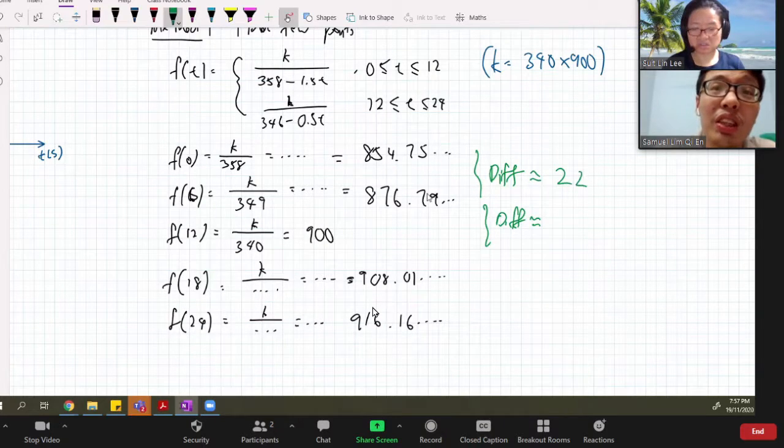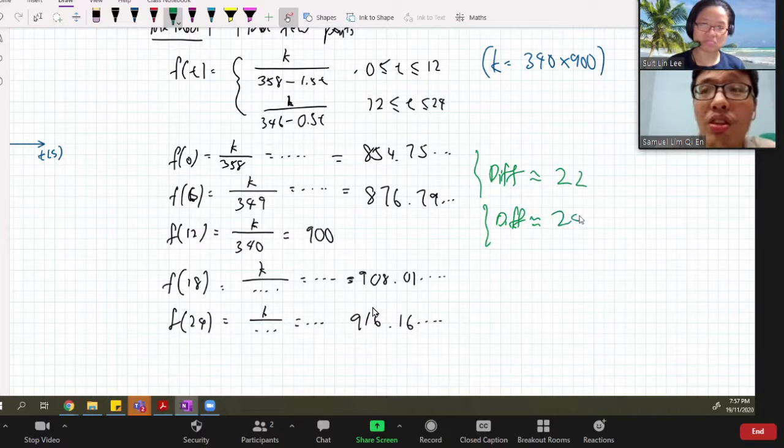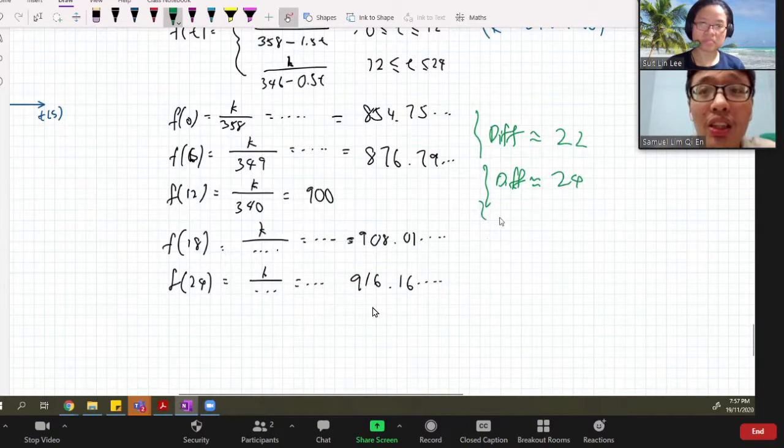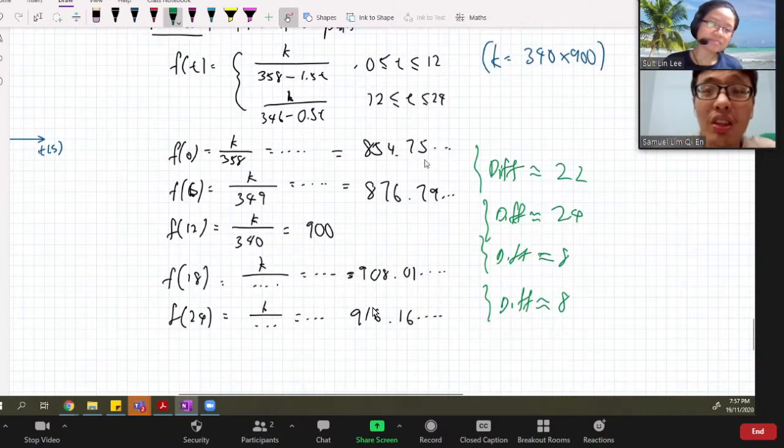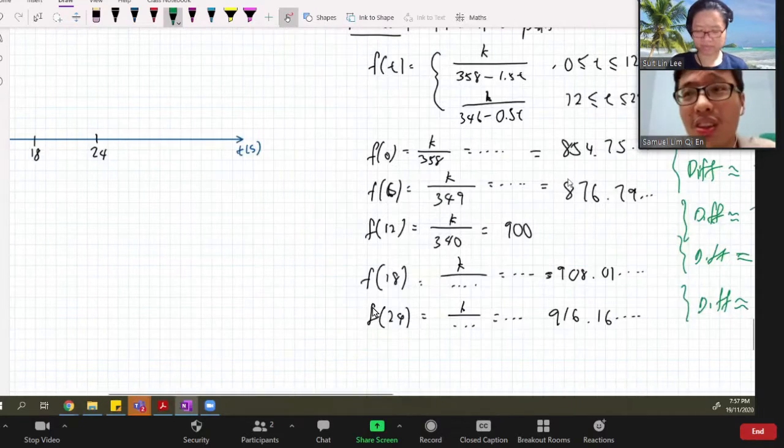Just minus here, you get 22 here. This minus here, you get about 24. So the difference is about equal. And then here the difference is about 8, and this one also about 8. So we roughly know their differences are more or less the same.